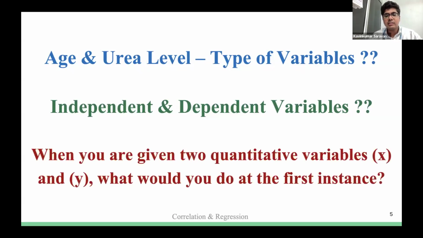So when you are given these two quantitative variables, you take any two variables, whether it is BMI or age or urea level or blood sugar level, take any quantitative variables. What would you do at the first instance? That is the idea of this class.